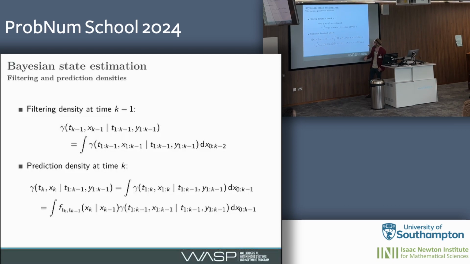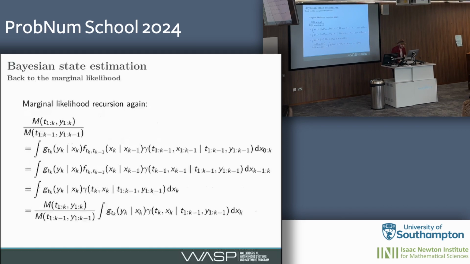That's just the marginal density at t_k of the state x, given all the measurements up to but excluding the present time point. And that's, by the Markov property, this guy. So this is the filtering density, and then we just use our transition density, integrate it to get the prediction. Again, Markov property.